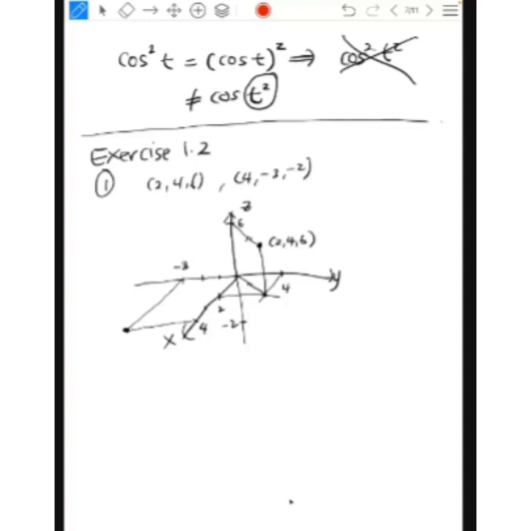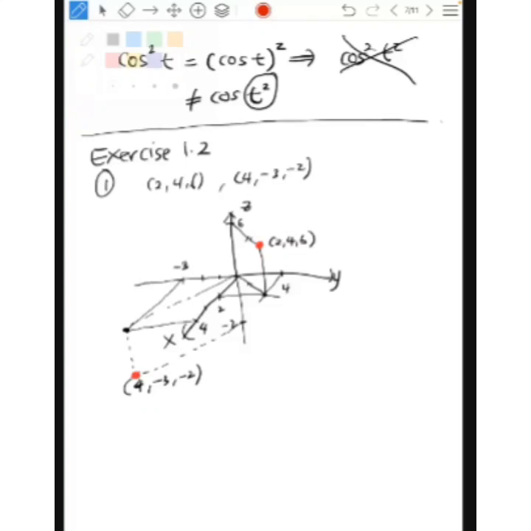This is the point of intersection, and then you draw a line parallel to that line. So this is the point (4, -3, -2). I have two points there: the first point is this one, and the second point is this one. I hope there will be no problems for you to sketch any other point.